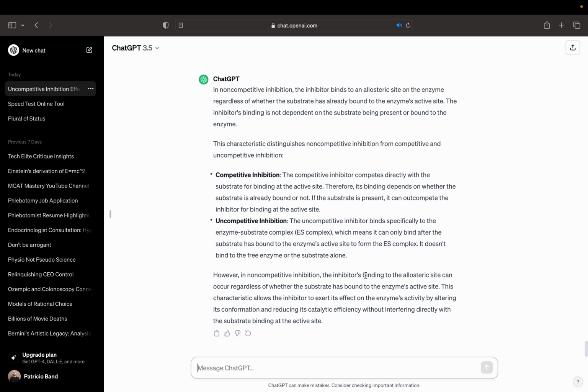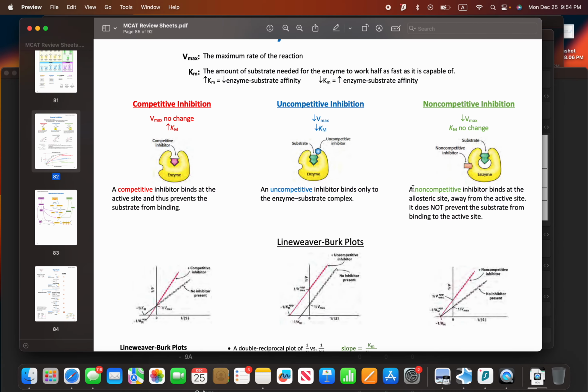But in non-competitive, its binding to the allosteric site can occur regardless of whether the substrate has bound to the enzyme's active site. This allows the inhibitor to exert its effect on the enzyme's activity by altering its conformation and reducing its catalytic efficiency. So that's why the catalytic efficiency, the Vmax, is affected, right?